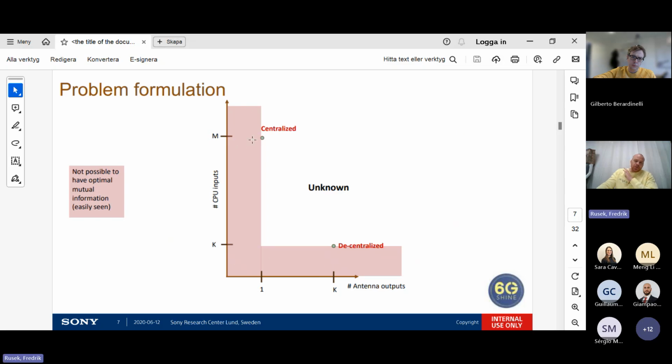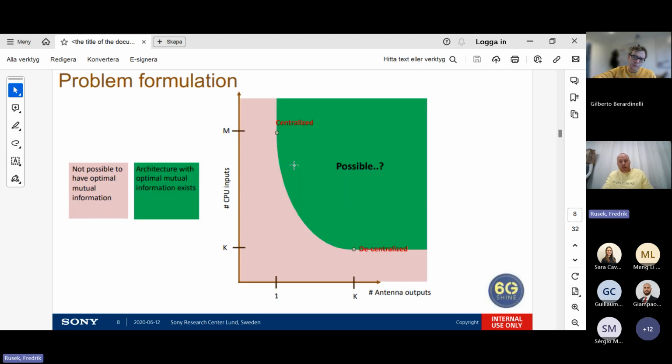It can be understood fairly quickly if you sit down and take a look at this. You simply cannot feed the CPU with fewer inputs than K, because you have K users, and you clearly cannot allow one antenna output. But the question is, where can we operate in here?